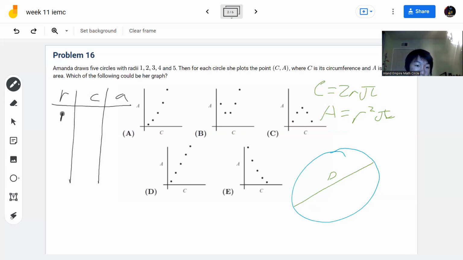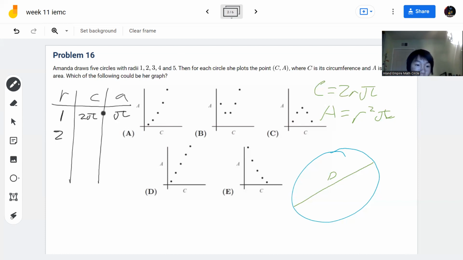The radius is 1, so the circumference is 2 times the radius times pi, which is just 2 pi. The area is the radius squared times pi, so the area is just pi. Because there are no specific values on the graph, we just need the relationship between them, so we can just use pi as a variable.